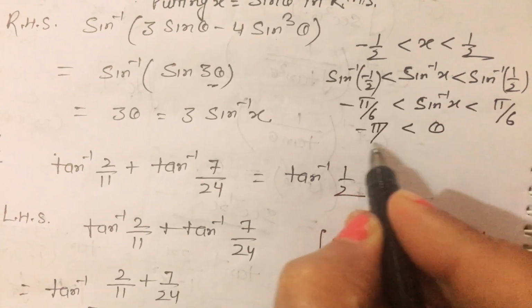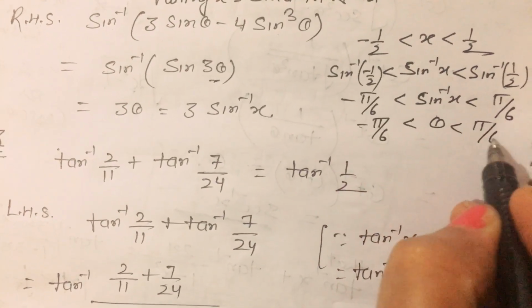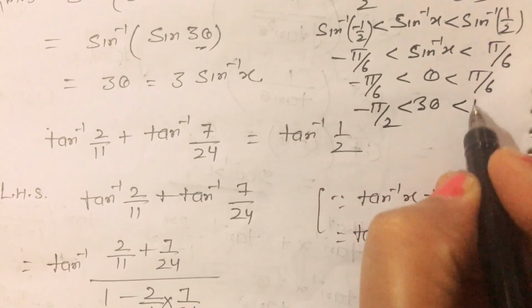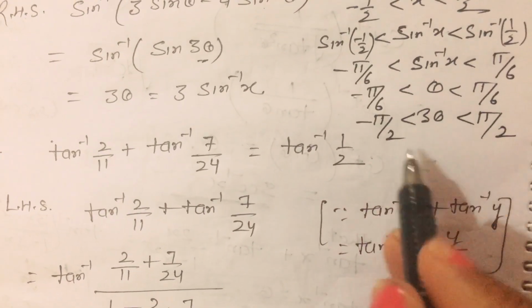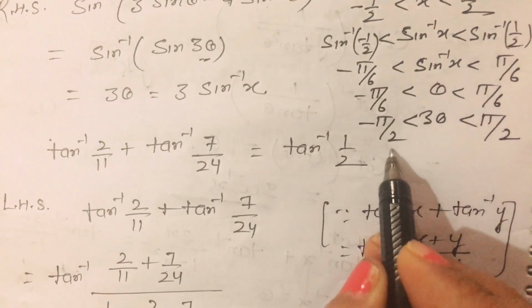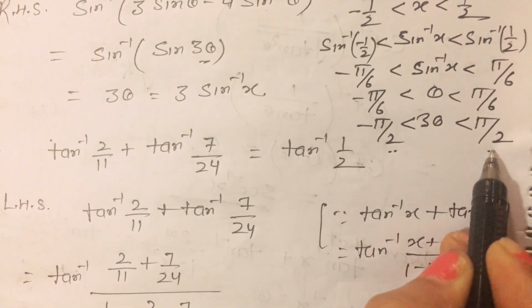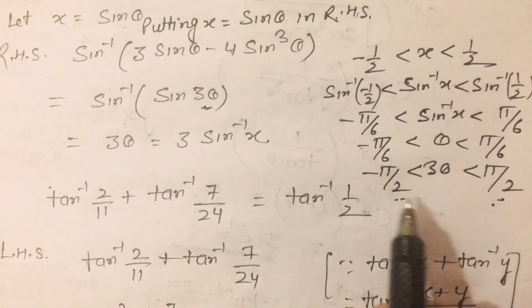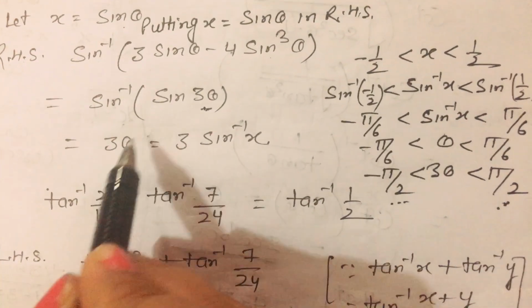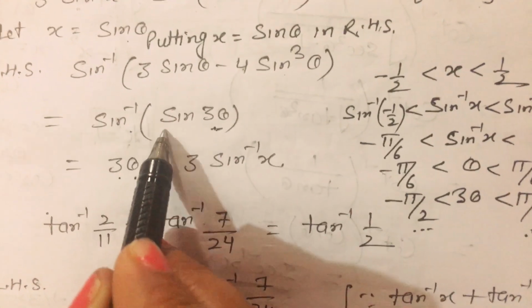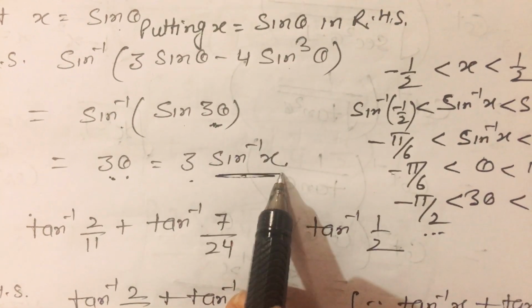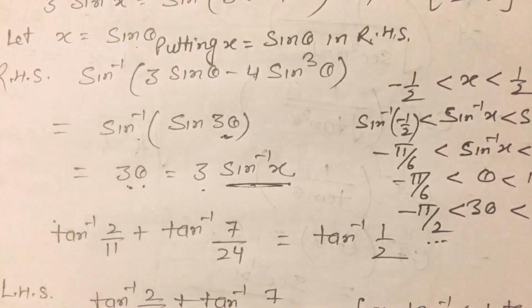Now what is 3 theta? Multiplying by 3 in all three terms, 3 theta lies between minus pi by 2 and pi by 2. That means 3 theta is in its range. So sine inverse sine 3 theta is 3 theta, and theta is sine inverse x. So this is equal to the left hand side.